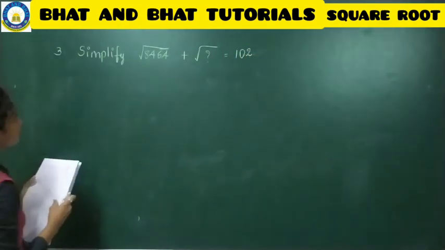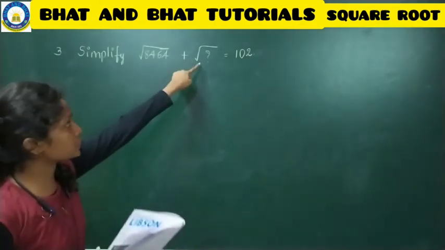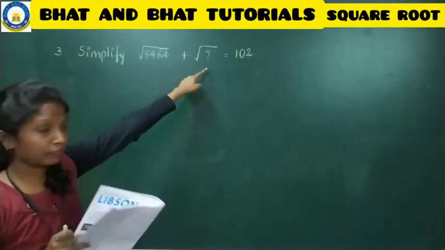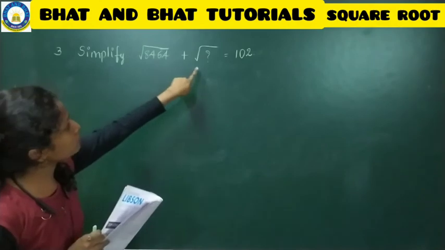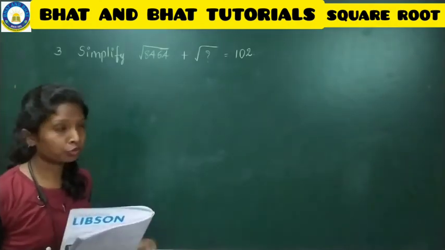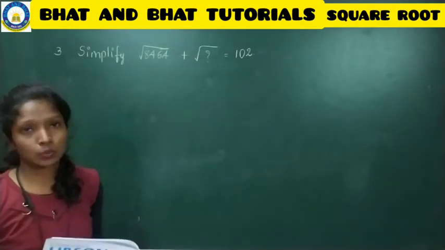Here you have to find the value of the question mark, and if you find the value of that, both will be equal to 102 if we remove the square root.